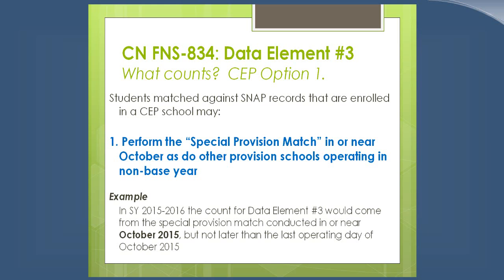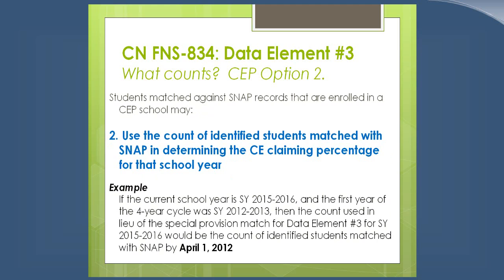CEP data option number 2 for reporting on the FNS-834. For CEP schools, you can report the count of identified students matched with SNAP when you're determining your CEP community eligibility claiming percentage for that school year. So this example is if we are in the current year, school year 15-16, and the first year of your 4-year cycle was school year 12-13.